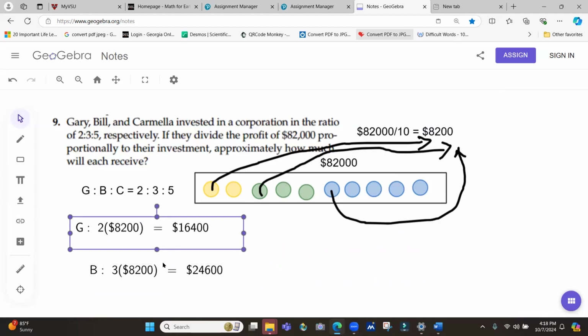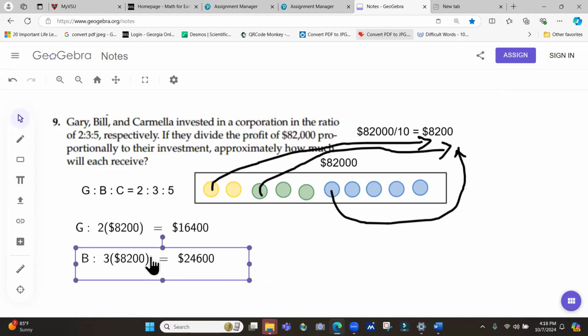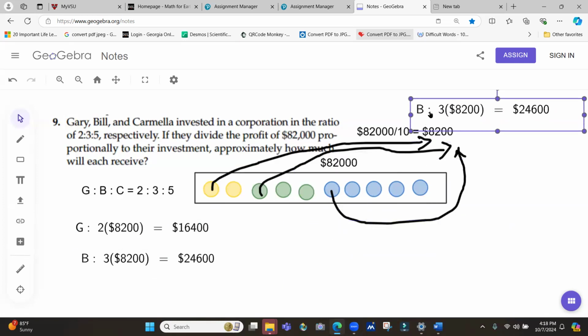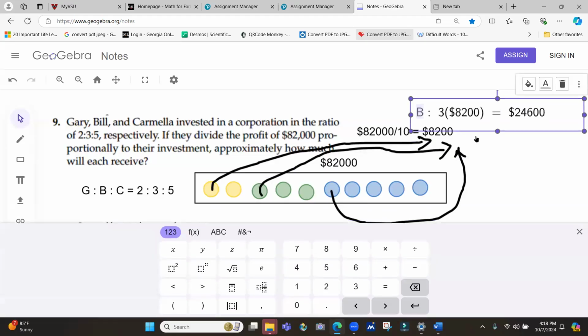Carmela will get 5 times 8,200. Let's do it here. I'm just going to use my calculator for this one. 5 times 8,200. No, I can do it. 5 times 00.